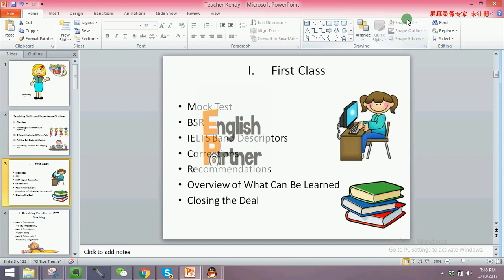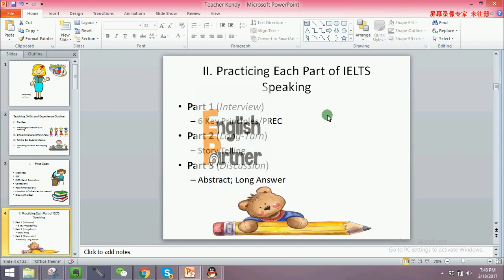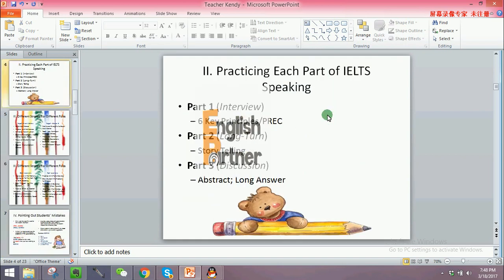And now, moving on to this part. Basically, these are the basic IELTS parts. This is where we cover the usual and the rudimentary elements of IELTS speaking, which are, of course, parts 1, 2, and 3. And I discuss to them what each part is about and how we can answer them logically.